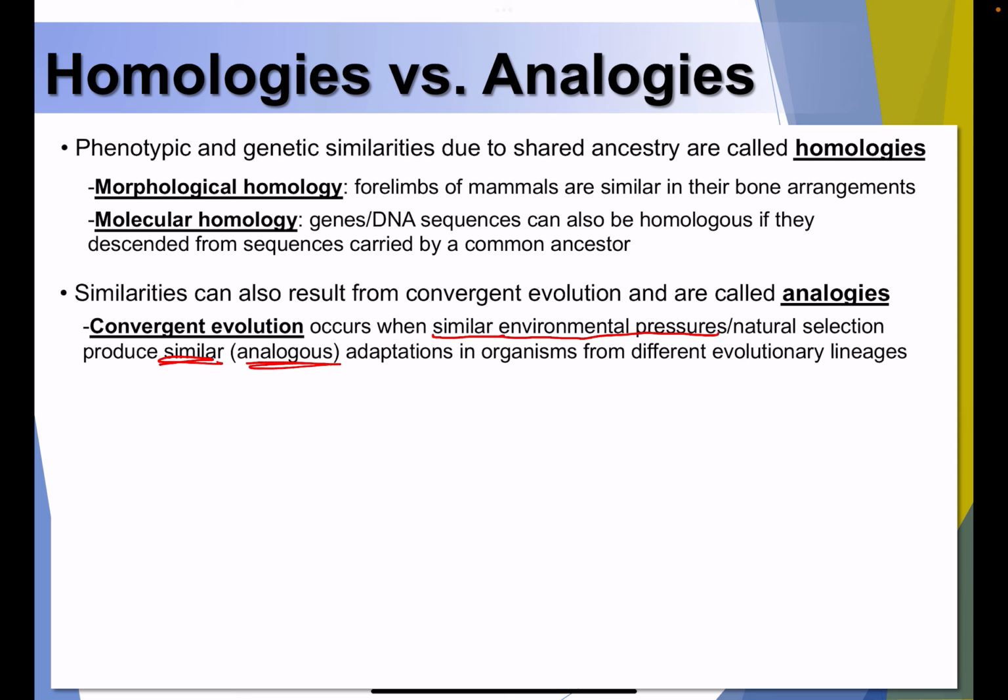They don't have the same trait because of a common ancestor. They are analogous to each other, not homologous, because they have similar traits due to being put under similar environments, not because of a common ancestor.